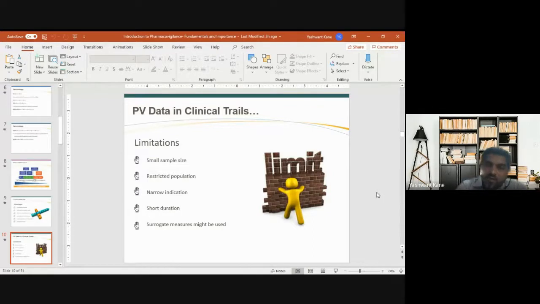Whenever you read the titles of research articles, they're very specific. Type 2 diabetes mellitus, hypertension, hypertension due to lifestyle changes. Very typically described indications for which we need to study the drug.